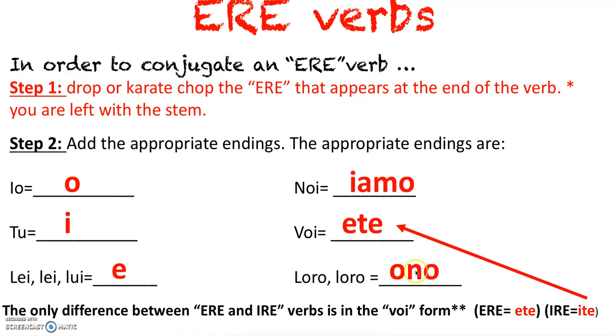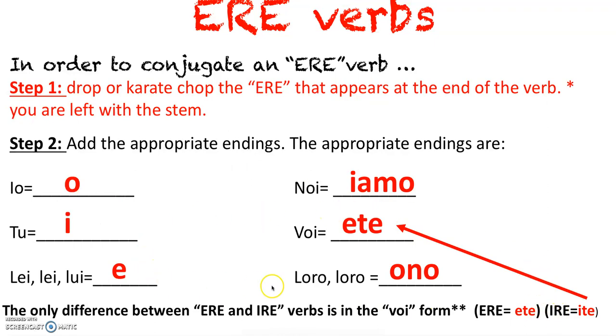Okay. If you look at the bottom, it says the only difference between ERE and IRE verbs is in the voi form. So now ERE is ete, IRE is ite. With the exception of the voi form, everything else that you see here are the endings for IRE verbs.